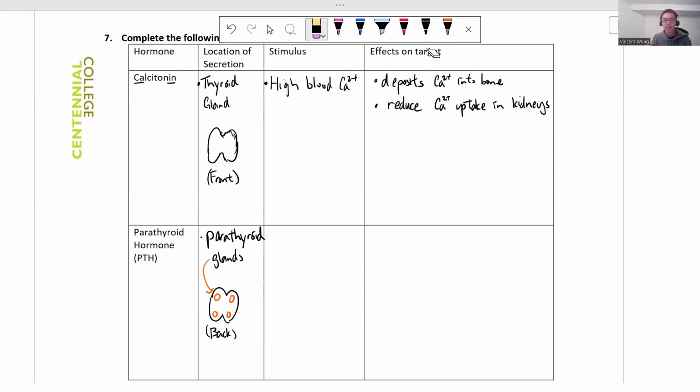So the stimulus is going to be low calcium level in the blood, low blood calcium. You don't have enough. So where are you going to get the calcium from? Okay. Releases calcium from bone.